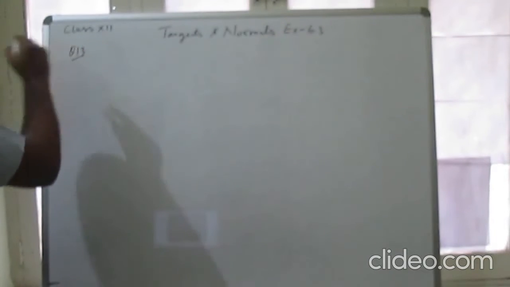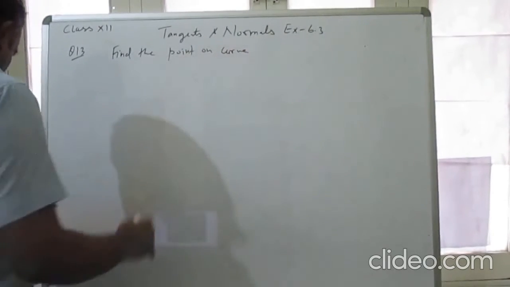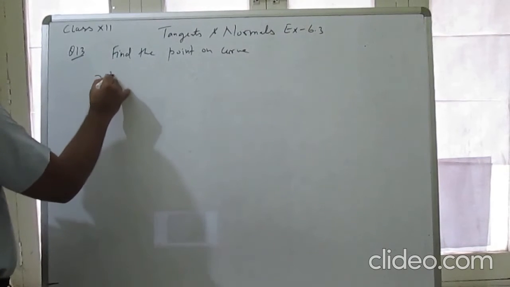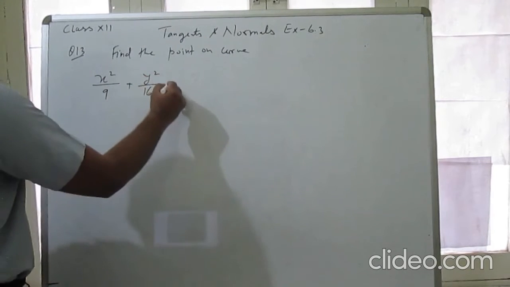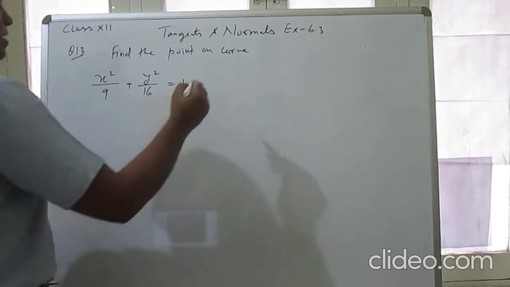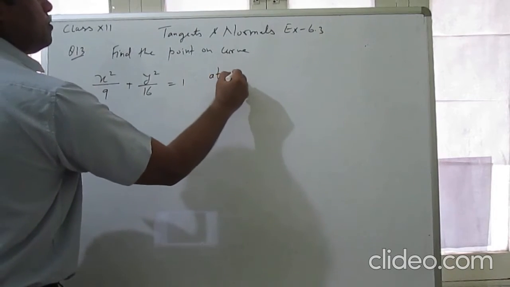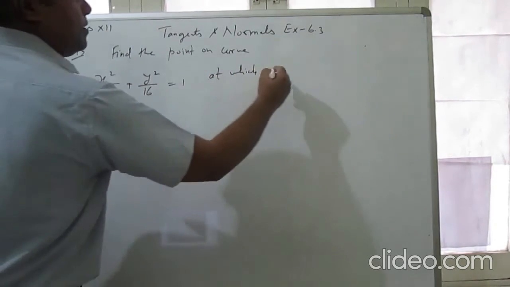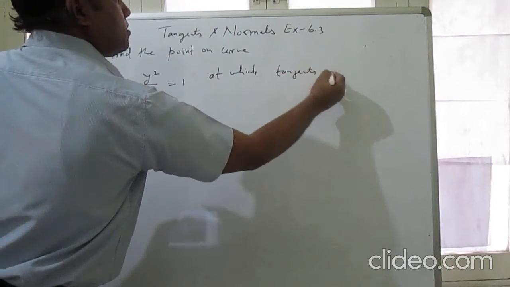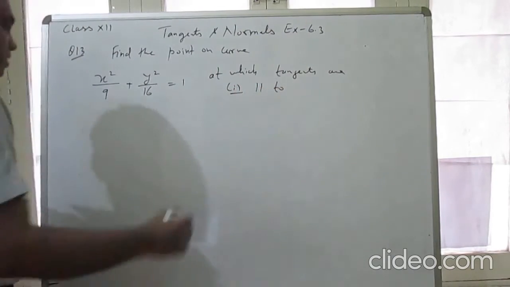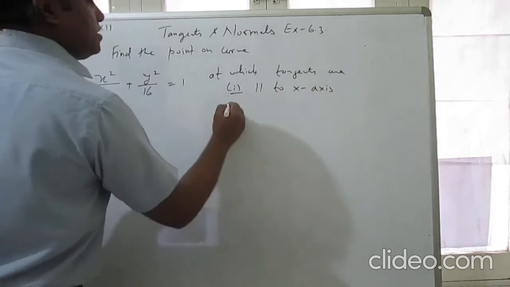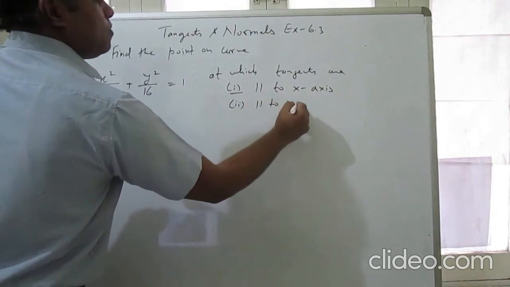Question 13. Find the point on the curve x square upon 9 plus y square upon 16 is equal to 1, at which the tangents are, number 1, parallel to x axis, second, parallel to y axis.